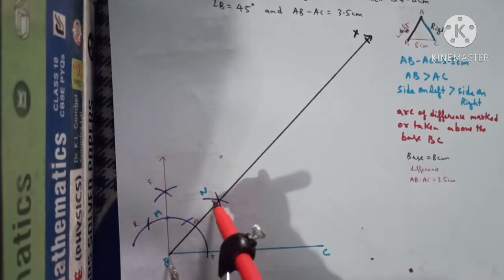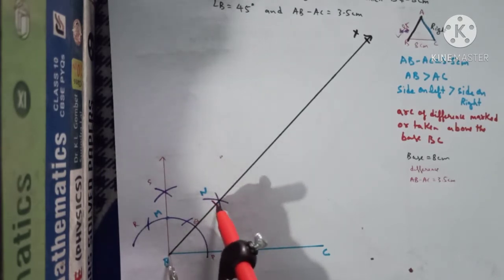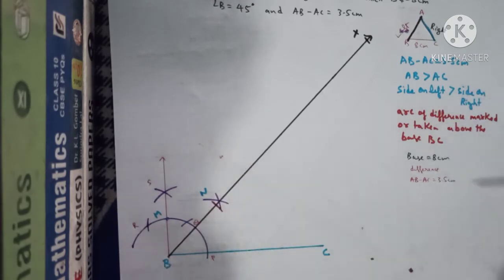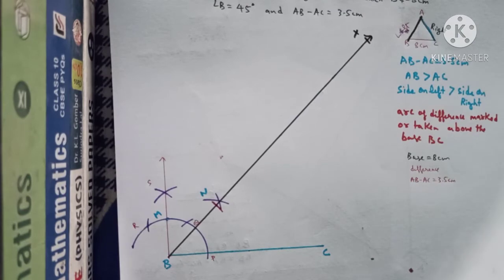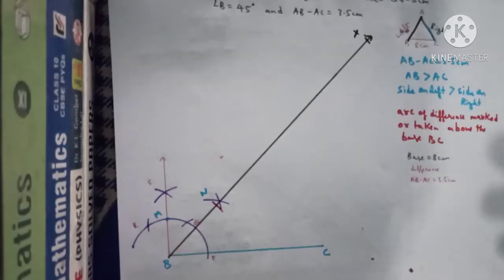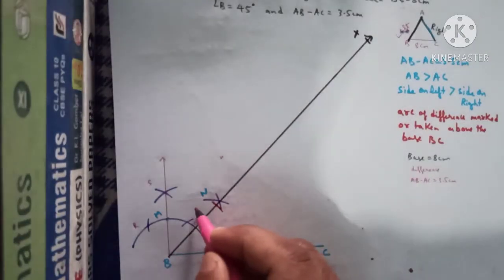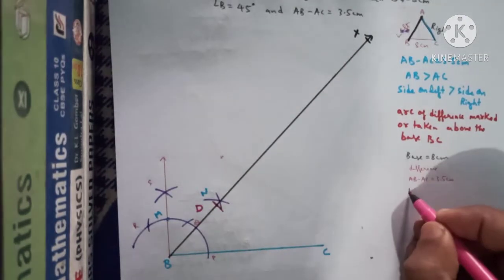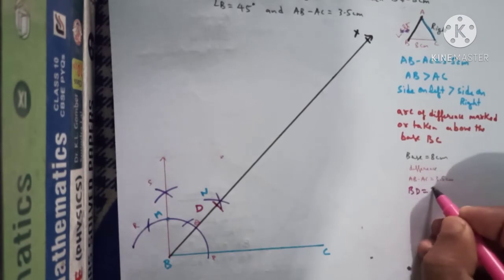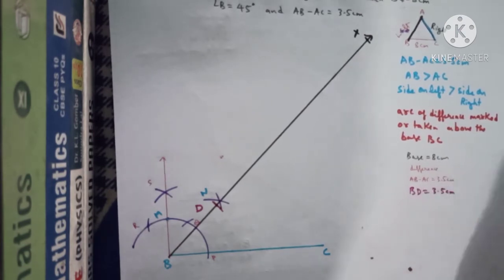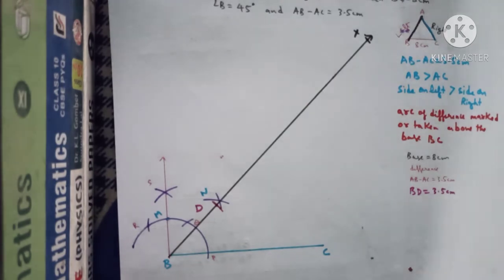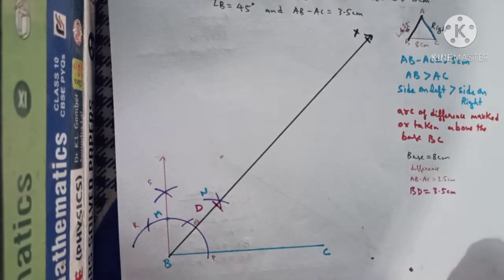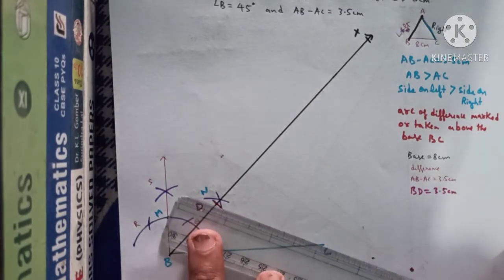With center B, you will draw an arc which is intersecting the ray BX at a point, and we will name this point as D, such that BD is equal to 3.5 centimeter. This is the arc of difference. Now we will join this D to C.